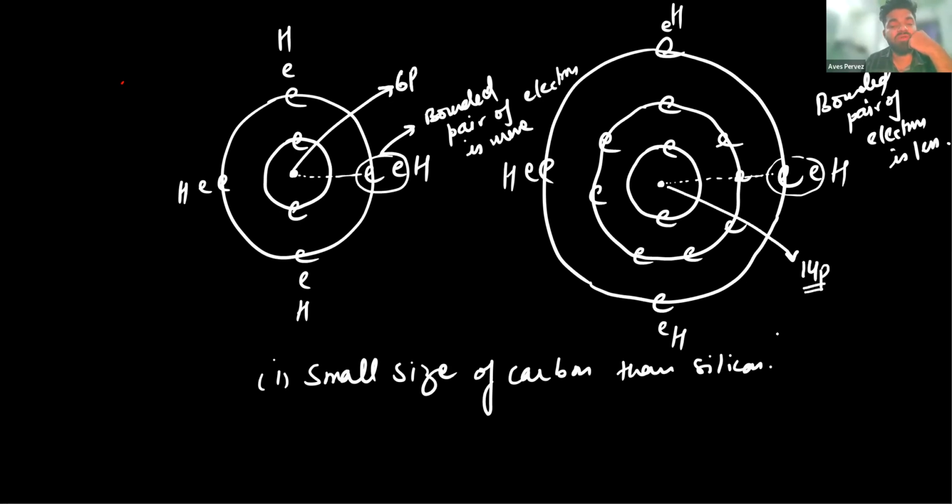It is 8 more than that of carbon. So we can say that silicon has a more powerful nucleus than carbon. So still, let it be bigger in size, but it has a more powerful nucleus, so it can balance that force.